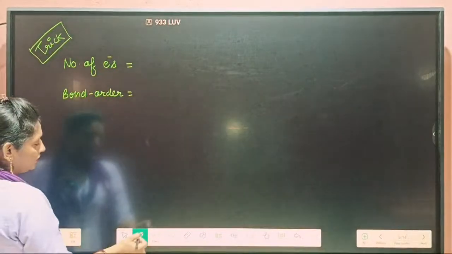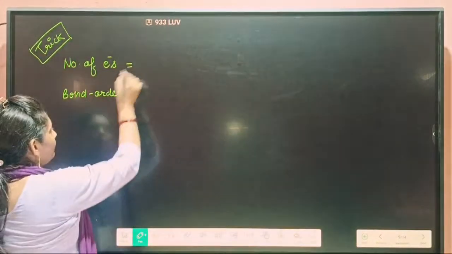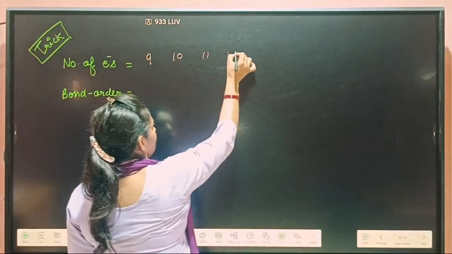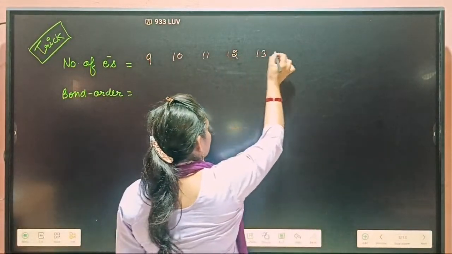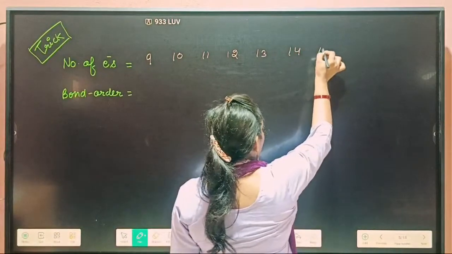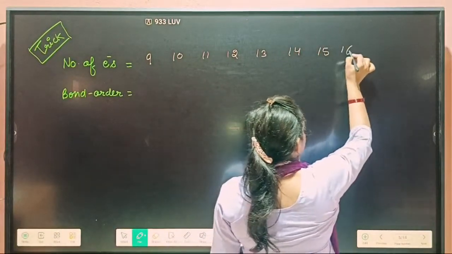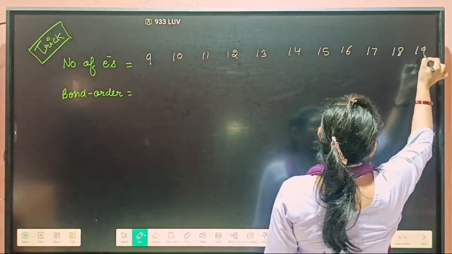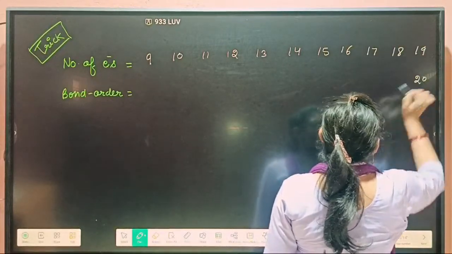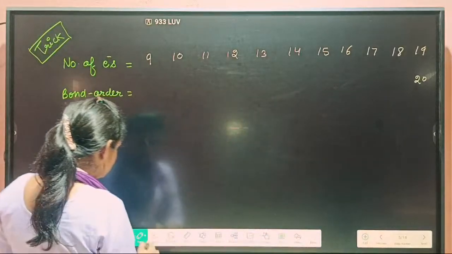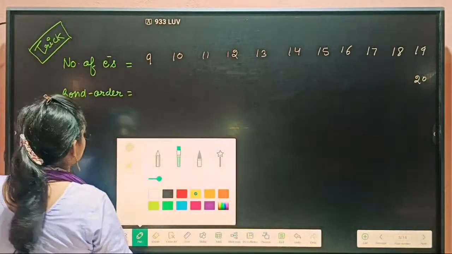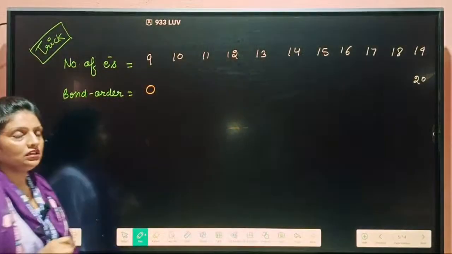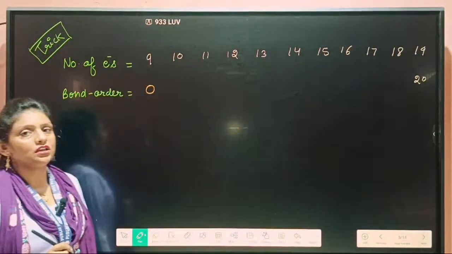If the number of electrons is 9, 10, 11, 12, 13, 14, 15, 16, 17, 18, 19 and 20. Okay. Then students, if electrons are 9, then bond order will be 0.